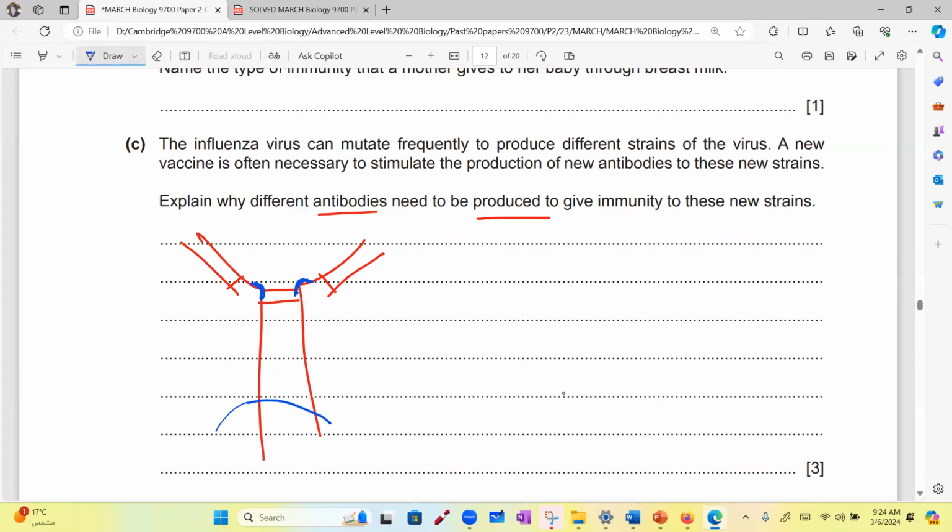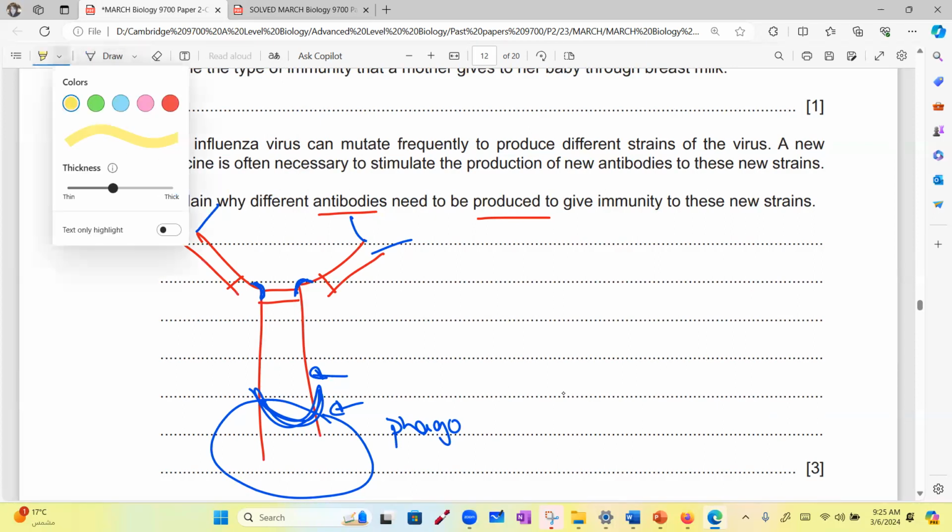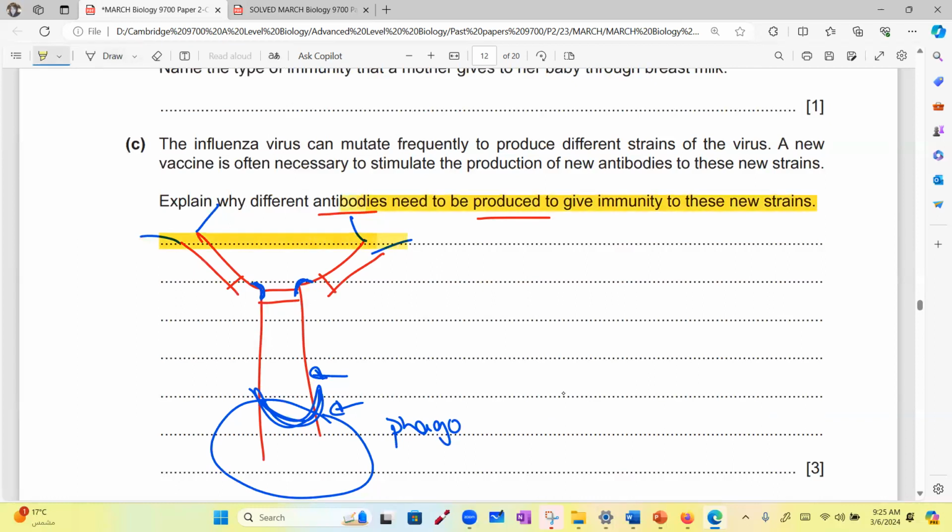If it is bonded to the phagocyte, there is a complementary receptor that will bind. This is the part that bonds with the complementary receptor on the phagocyte. And what's this part? The variable region. We have 4 variable regions and 2 antigen antibody binding sites. This is the antigen antibody binding site, and each one of them is a variable region.